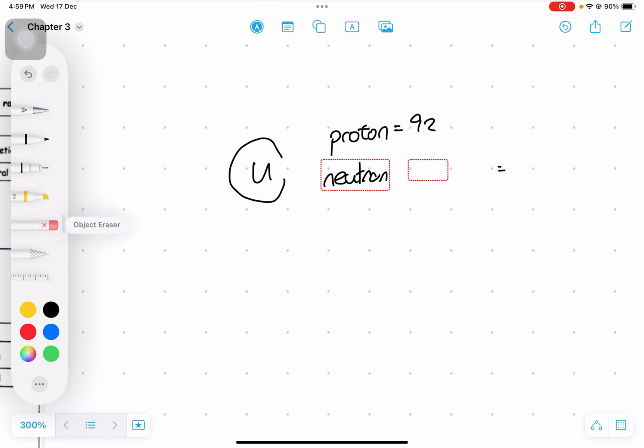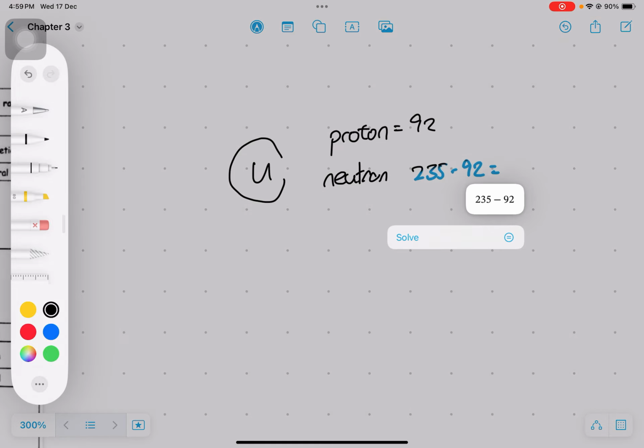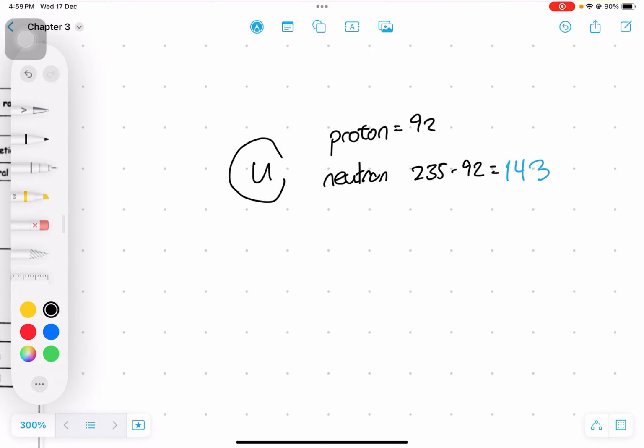Can we get the number of this? 235 minus 92, and we get 143. So you can see that the number of neutrons actually exceeds the number of protons. That makes the element unstable. When there are too many neutrons inside, it means that the center is too big already.